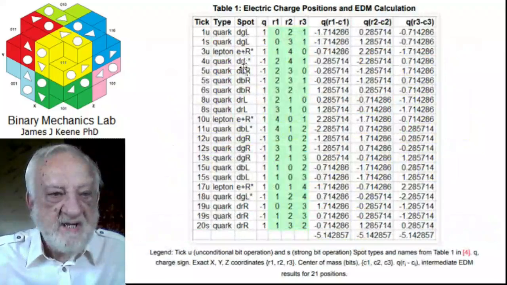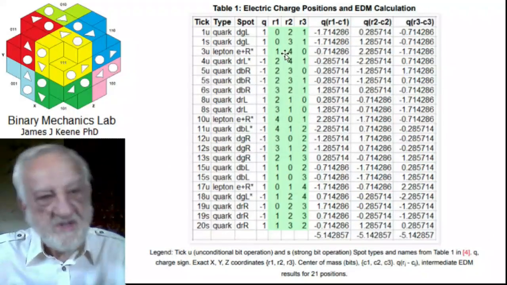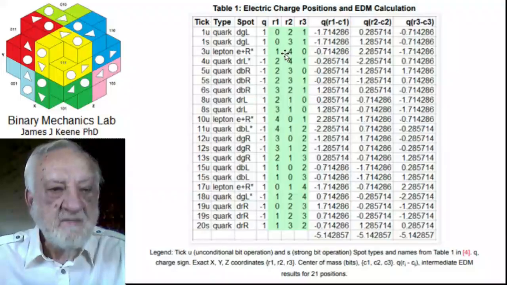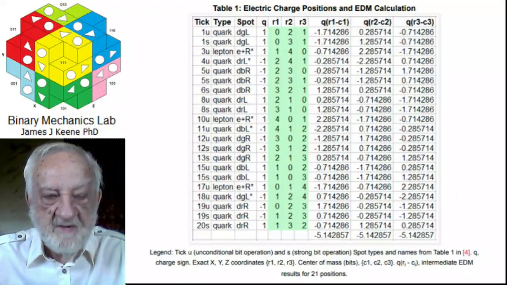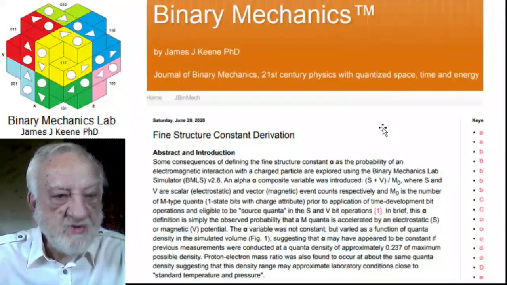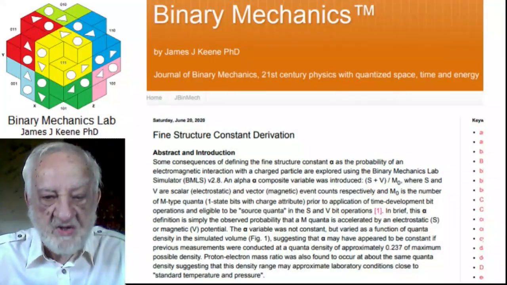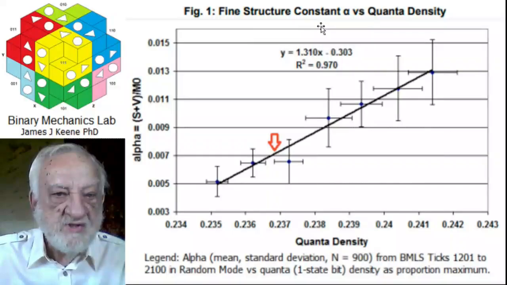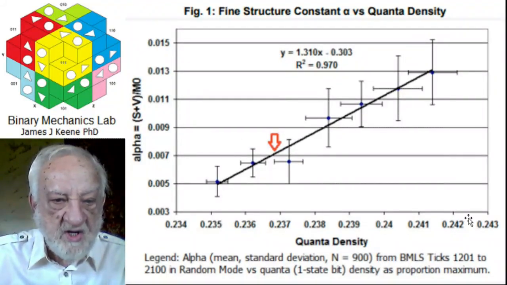Here is a detailed analysis of the positions of quanta in the proton bit cycle, which was used in this analysis. Next, we have the fine structure constant derivation, where the fine structure constant was plotted versus quanta density, shown here.